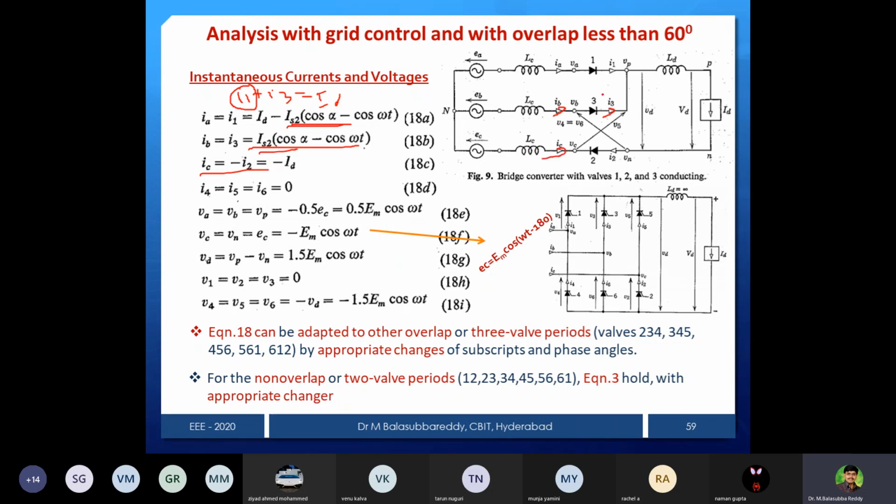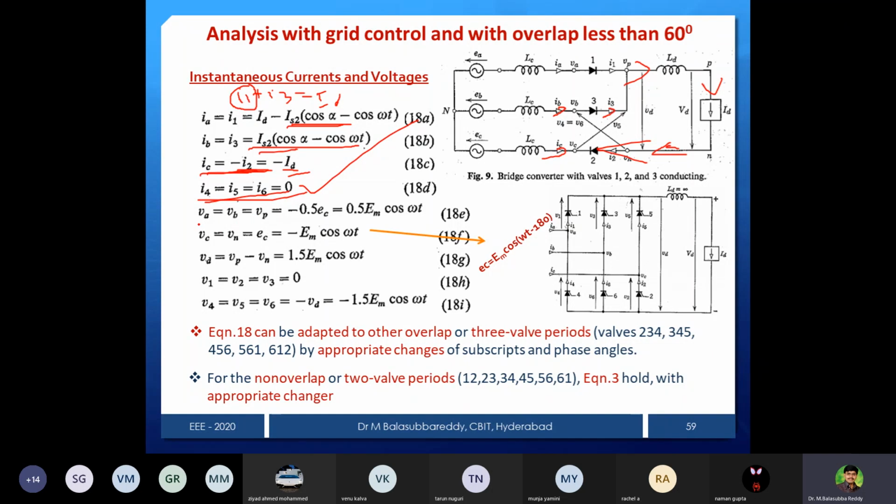Whatever ID current is there passes through this way, in the opposite direction, so I made it minus I2, also called minus ID, because the total current passes through ID and goes to I2, therefore the minus sign. Valves 1, 2, 3 only are conducting, the rest, 4, 5, 6, you make zeros.